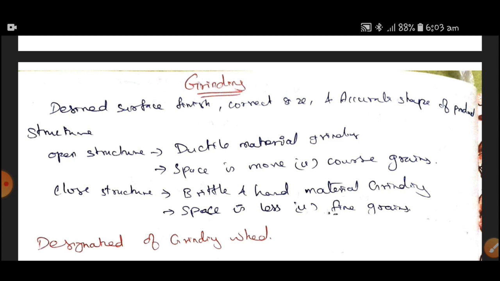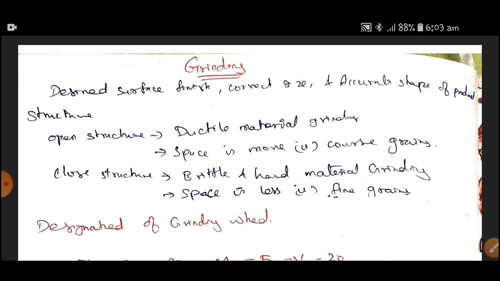That is why grinding is limited to brittle and hard materials. The closed structure is preferred for brittle and hard material grinding. Here, the space between two grains is less, therefore we can get fine grains.